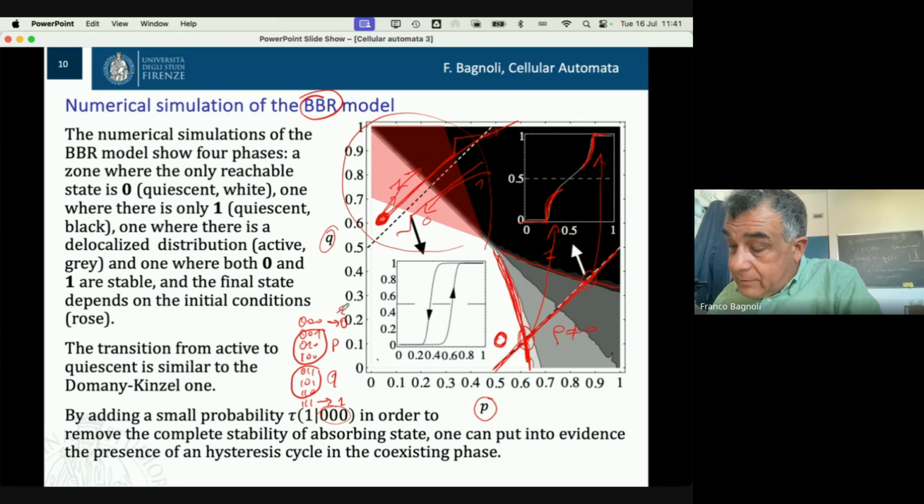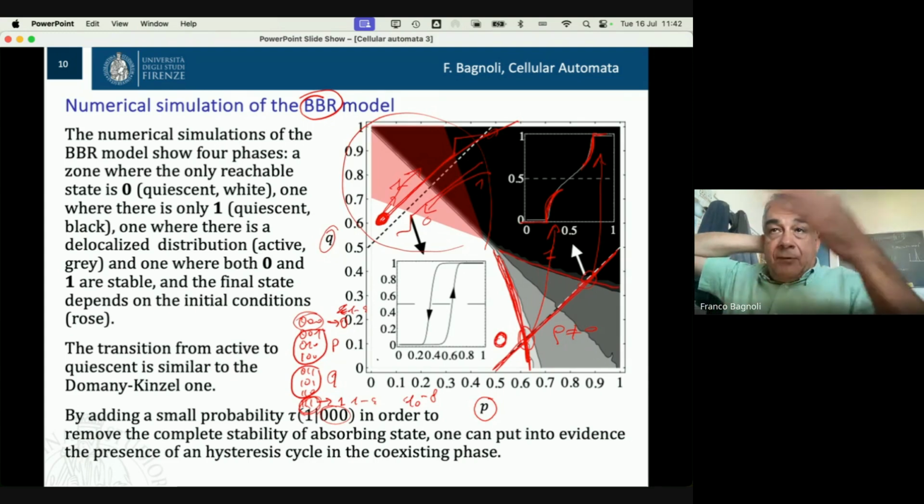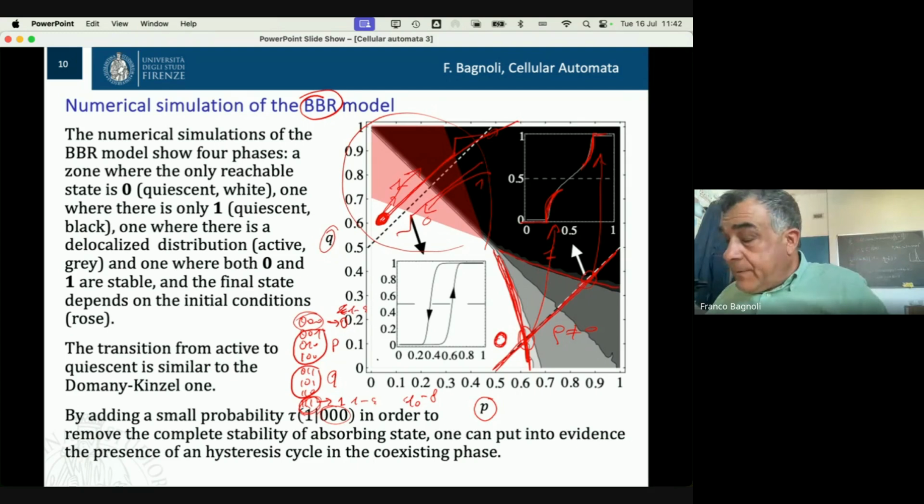In order to break this stability, we can add a small probability epsilon of going from 0 into 1. So this is 1 minus epsilon, and this is 1 minus epsilon. So epsilon is the probability of going from 1, 1, 1 to 0, or from 0, 0, 0 to 1, say of order 10 to the minus something. Clearly it depends on the lattice size. Suppose that it is so small that you have at most one exception for each time step.